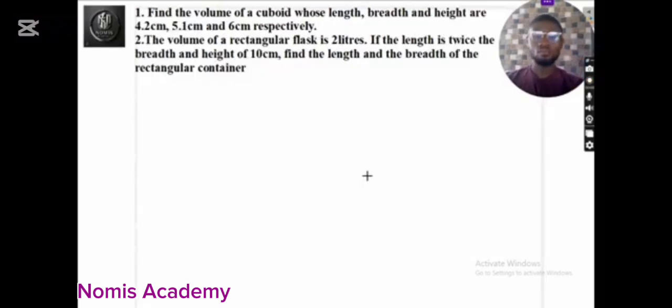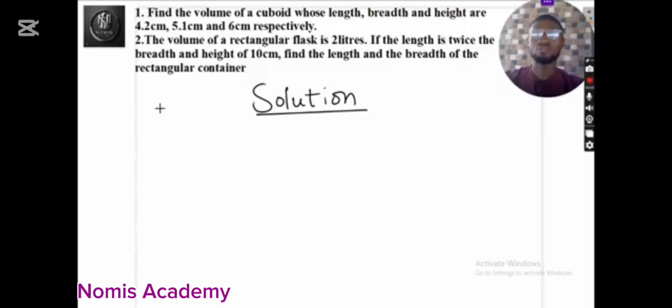The volume of a rectangular flask is 2 liters. So what can I do around 2 liters to make it look like centimeter, since I have the height in centimeters? You should remember that 1000 centimeter cube is equal to 1 liter.